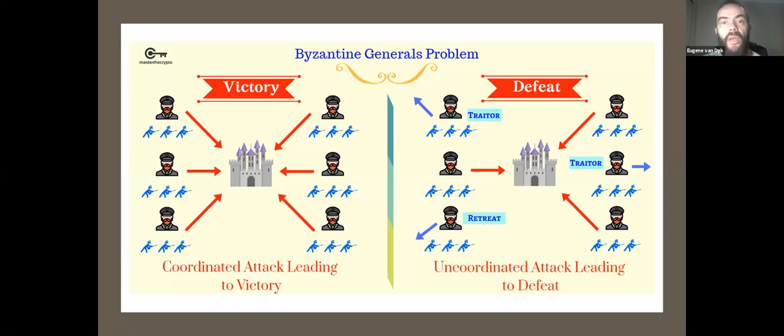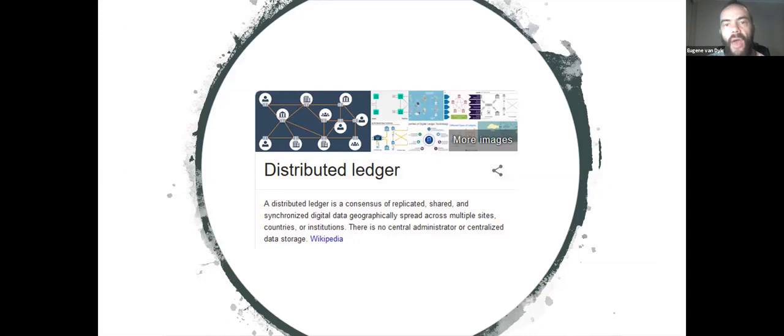So there is confusion in the ranks and no war can be won in this way. The problem with the defeat is that there was no consensus achieved by everybody in this system. So how does distributed ledger seek to resolve this issue?